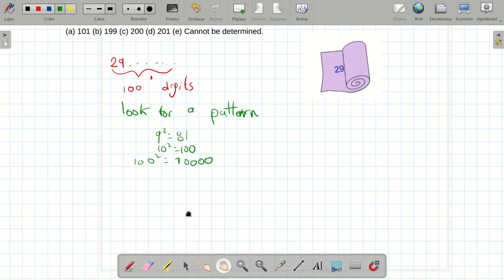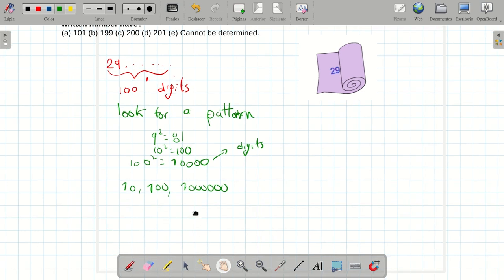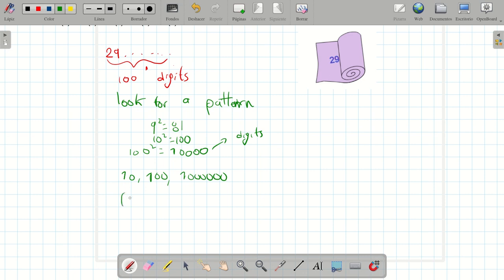With these few examples, you can see that something happens when you square this kind of number, and you can try to find the digits that the square has. Here, how many zeros do we have? 2, and if we square this number we have 4 zeros, and the same happens in this example. So let's see if we can say something about the square of this type of numbers.